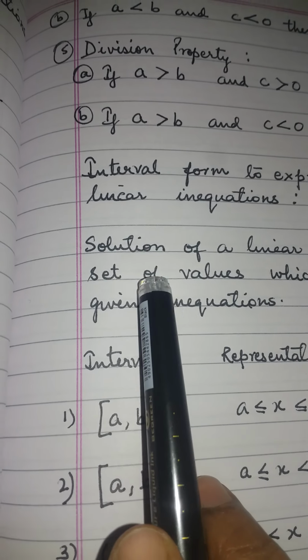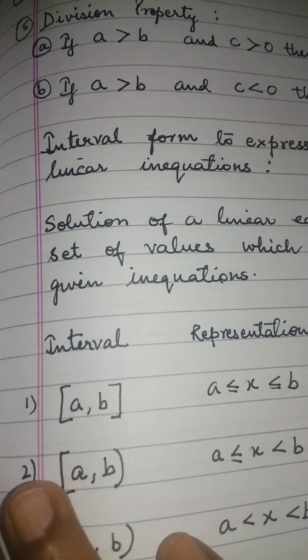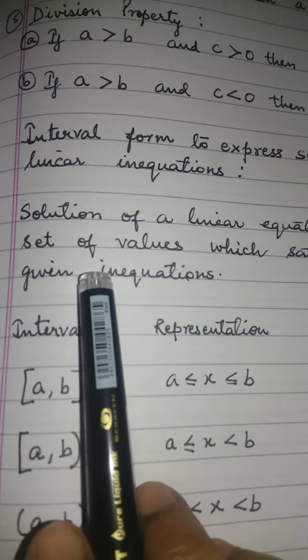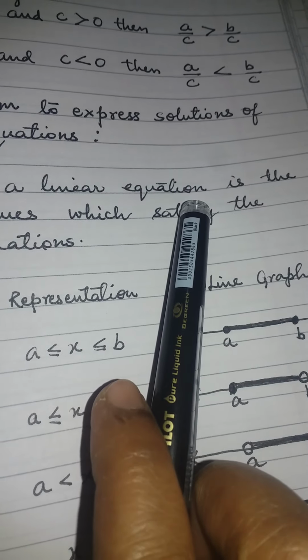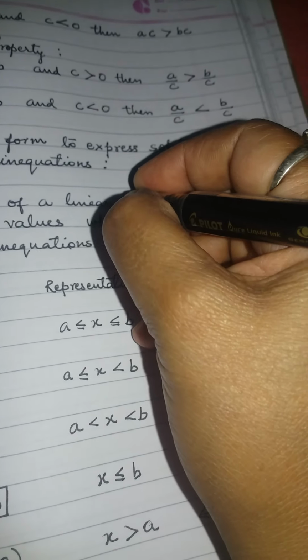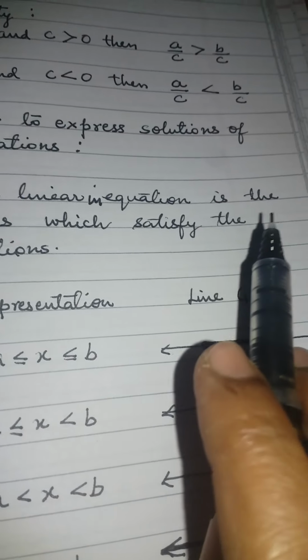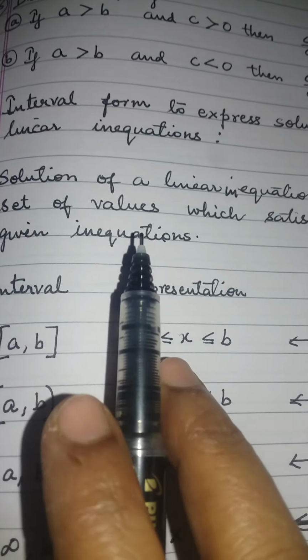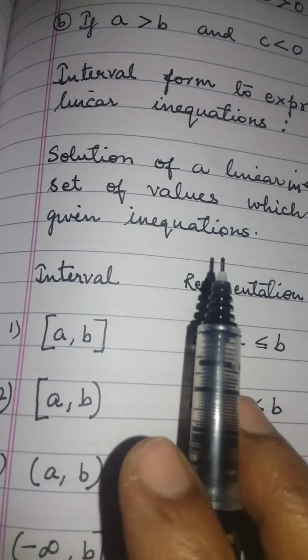So we always have a set of answers, and for that set of answers we always use set notation. Now, the solution of a linear inequation. The solution of a linear inequation is the set of values which satisfy the given inequation.